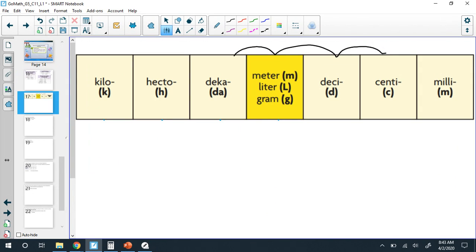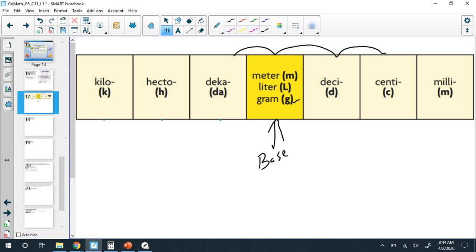Additionally, in Chapter 10 we talked about the metric system. Remember, here in the middle of our chart for the metric system, this is our base. And we use meters to measure length. We use liters for capacity, and grams are for weight or mass.